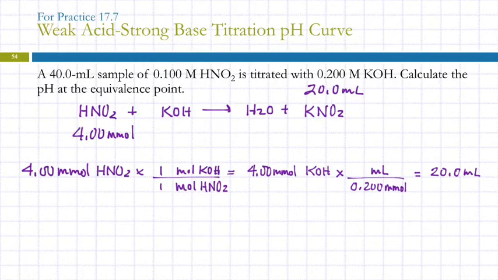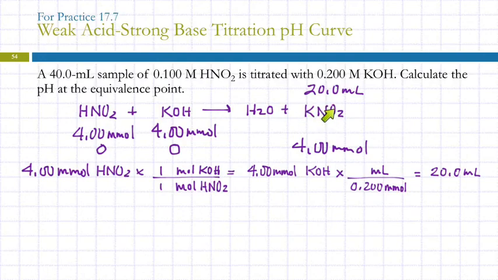So the 4 millimoles, 4 millimoles, and I've added 4 millimoles of KOH. So those use each other up, right? They neutralize each other, so I've got 0 of those. We don't care about the water. And I've got 4 millimoles of this KNO2.